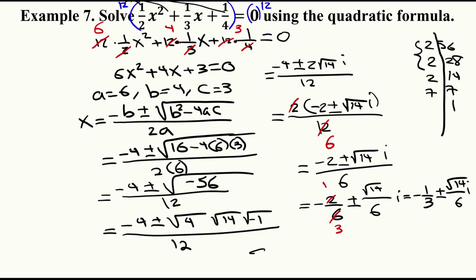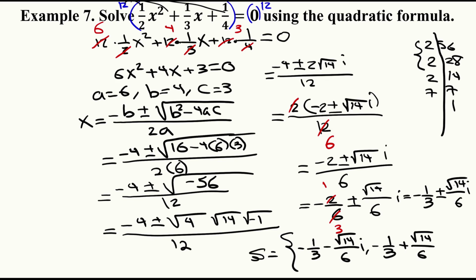So we'll go ahead and write the solution set, which should look familiar again if you were with me for the last video. So we get negative 1/3 minus square root of 14 over 6i, and comma negative 1/3 plus square root of 14 over 6i.